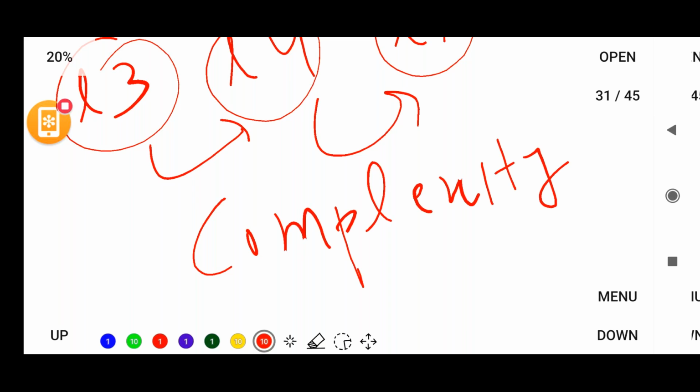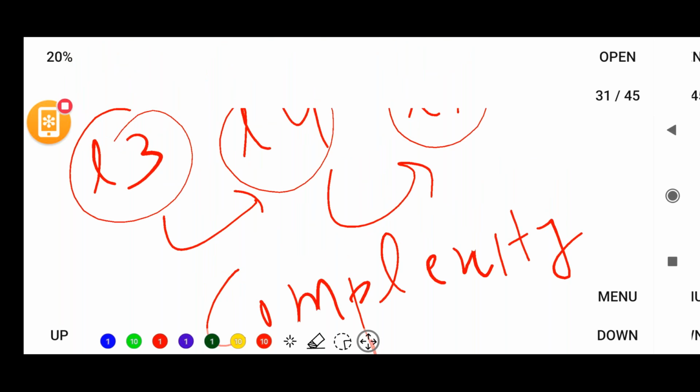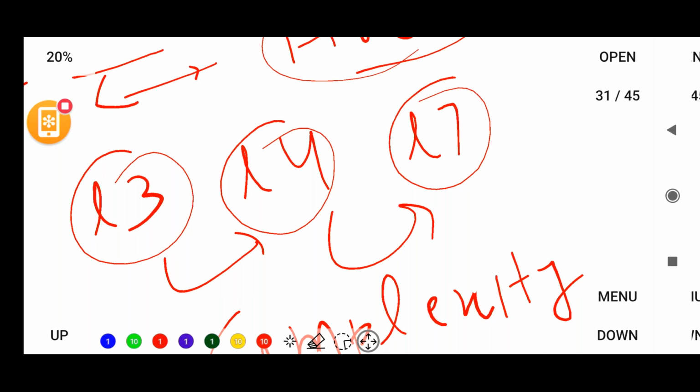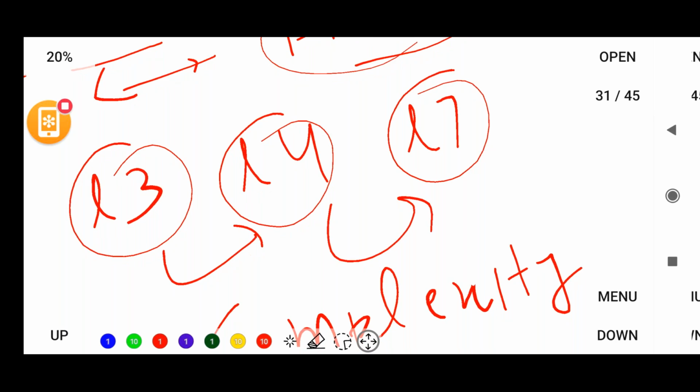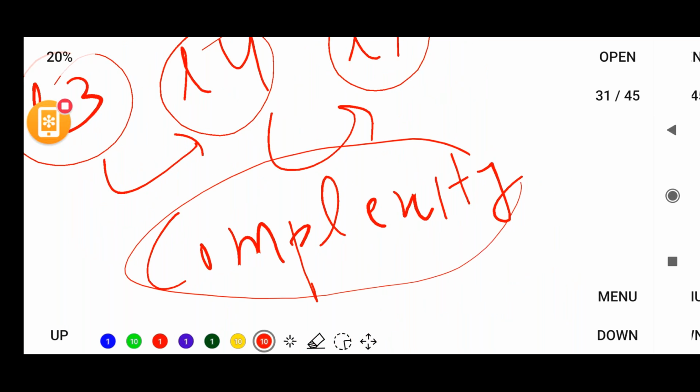The complexity is more in the case of the i7 processor. The number of transistors is more in the i7 processor as compared to the i4 processor. Similarly, the i4 processor is more complex as compared to the i3 processor. So the main problem is the complexity, because if the complexity is more, then of course your number of transistors is more in your chip.